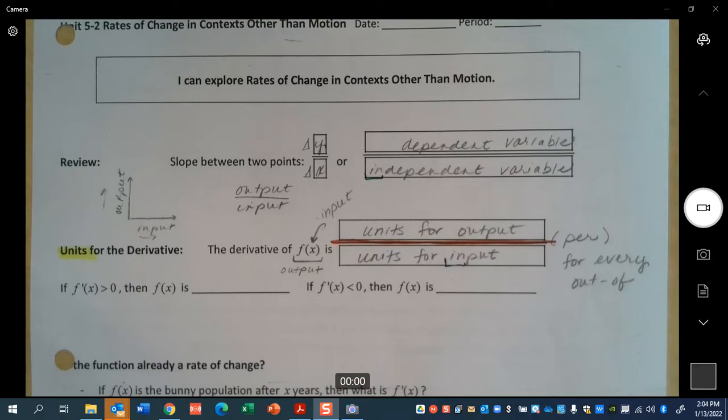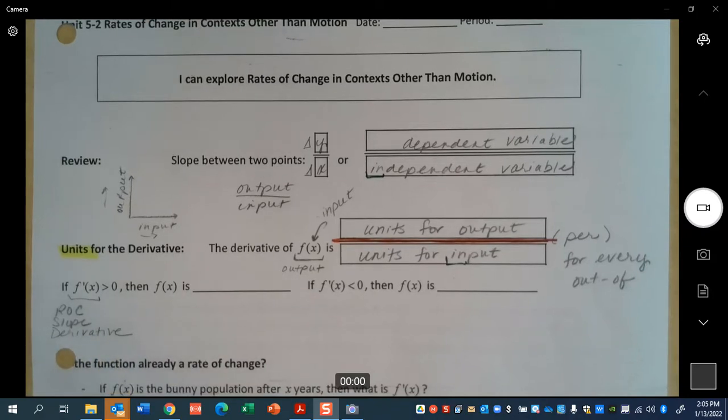If your derivative, and every time you see this, I want you to think about your rate of change. It's the slope of the tangent line is the derivative.